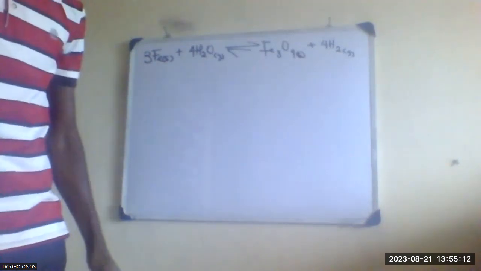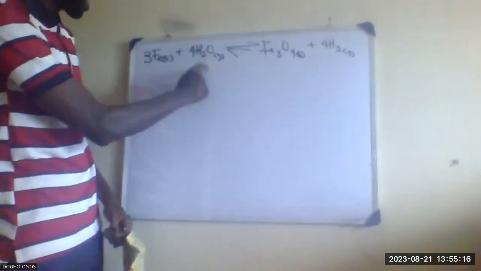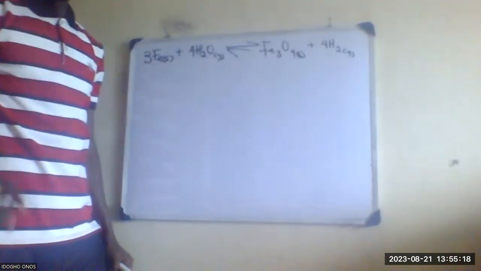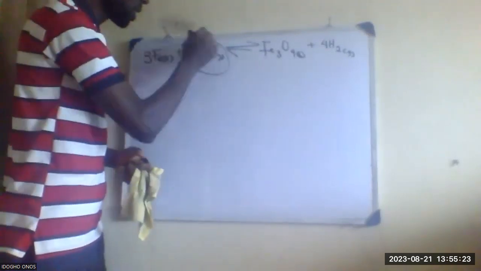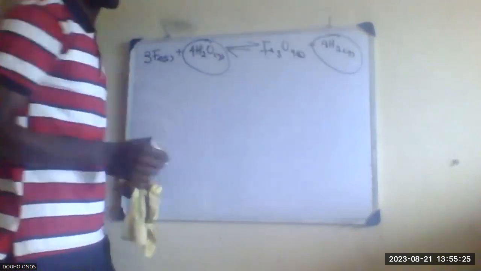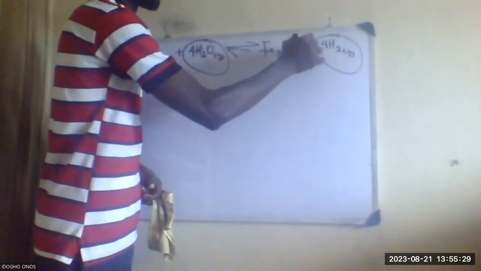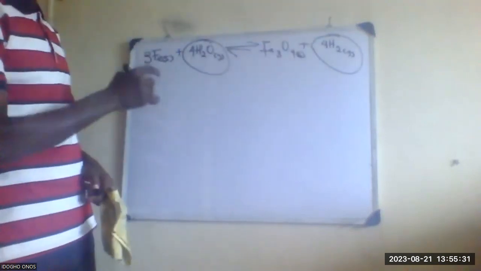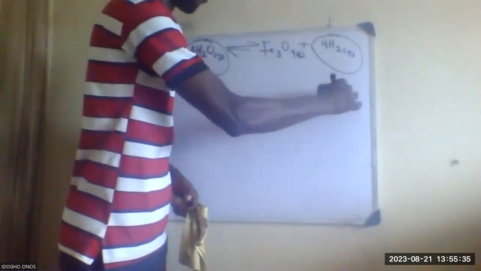I love that. Yes. So if you see now, this is solid, gas, solid, gas. It is only the gaseous part that we will consider, which is this and this. Are you with me? Now, if you check the gaseous part, which I circled, this is 4 volumes, and this is also 4 volumes.